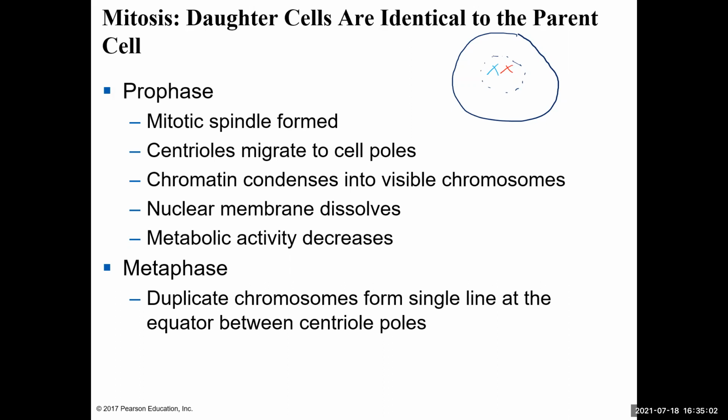Okay, now in prophase, like I mentioned, the nuclear envelope starts to break down. What also happens is the centrioles start to migrate towards the poles of the cell. And they also start to develop what's known as spindle fibers.